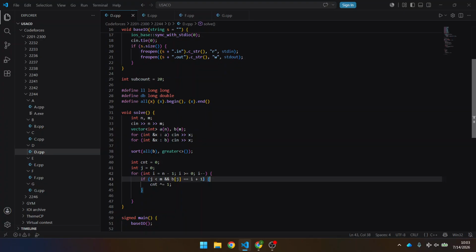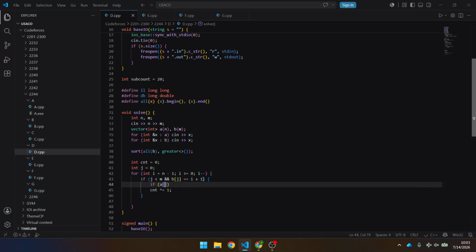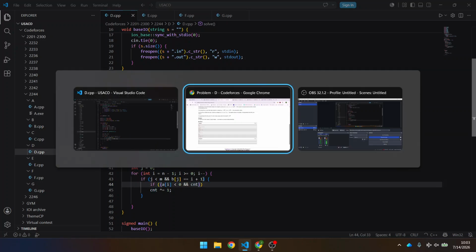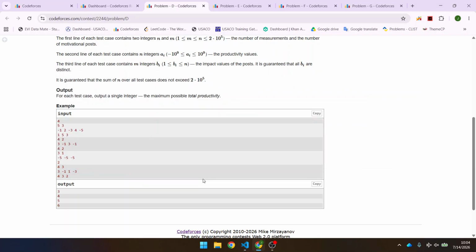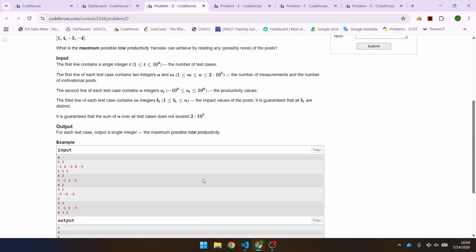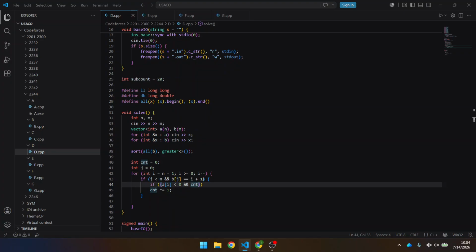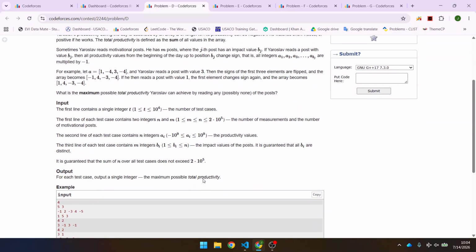And b[j] equals i plus 1 if a[i] is less than 0, if a[i] is less than 0 and count is equal to 0, or a[i] is greater than 0. Yeah.